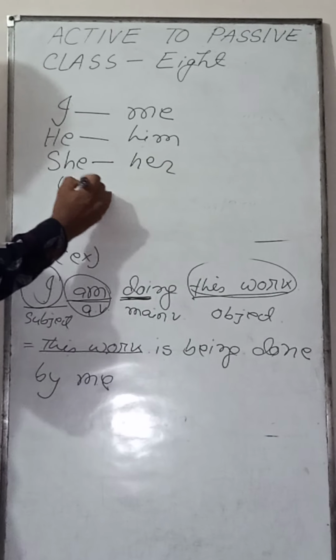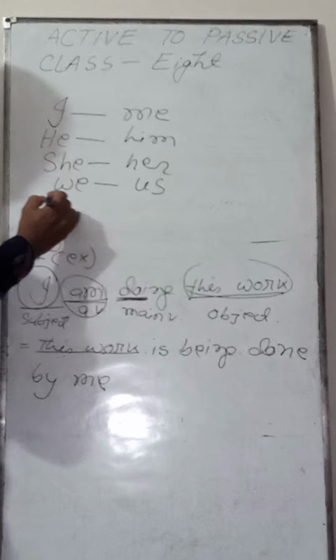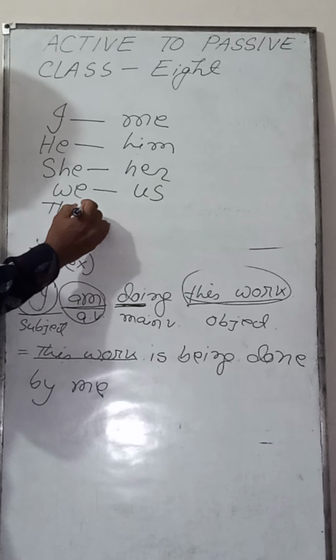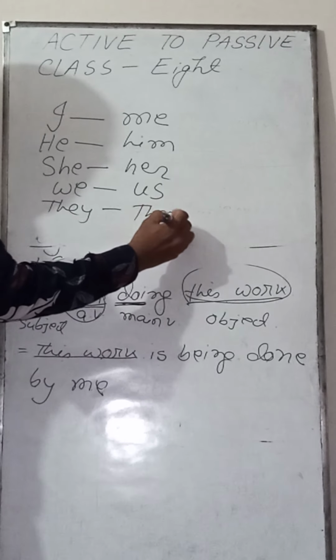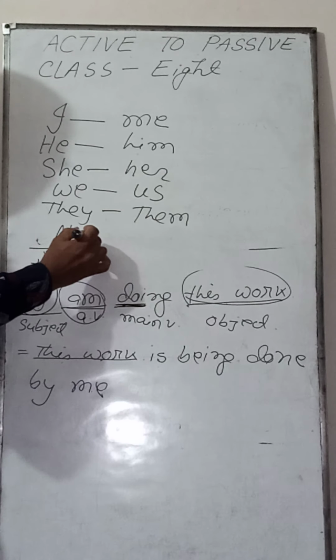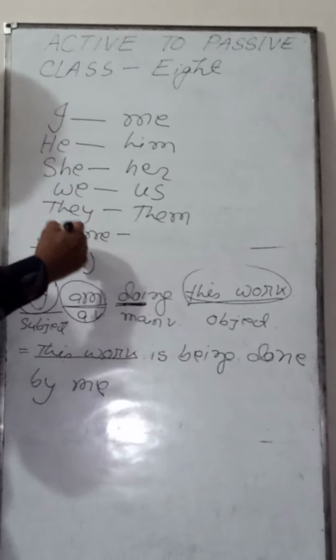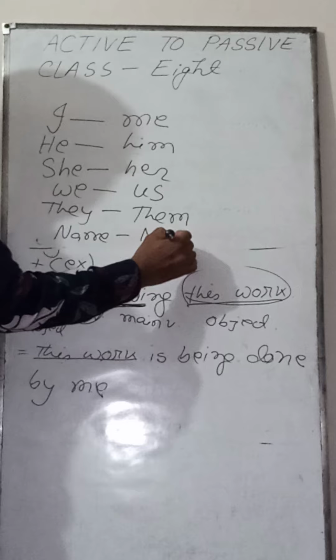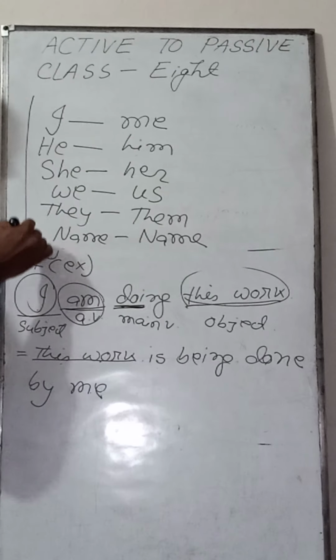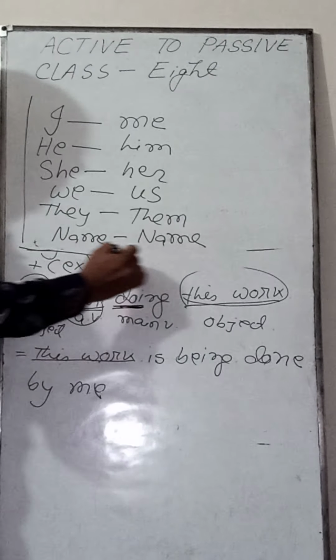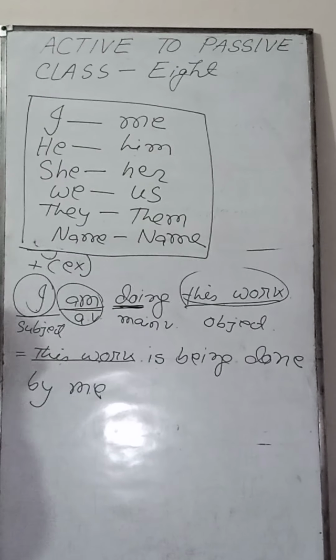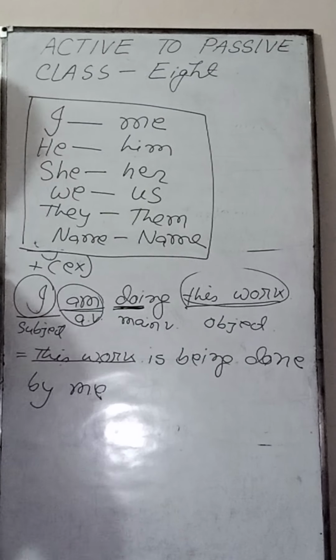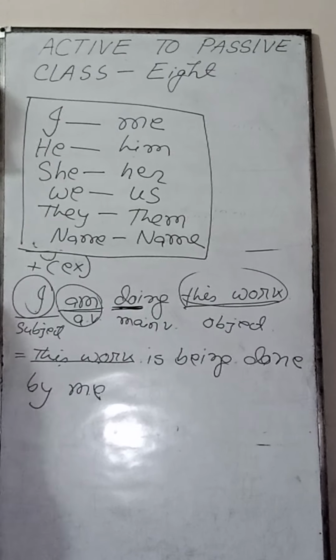In case of we, you have to write us. If you find they, you have to write them. If you find any name, Rohim, Korim, etc., you have to write the same name. You have to memorize or remember these things. This is very essential for changing a sentence from active to passive.